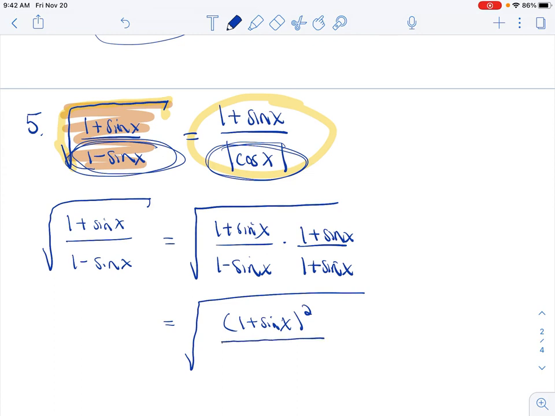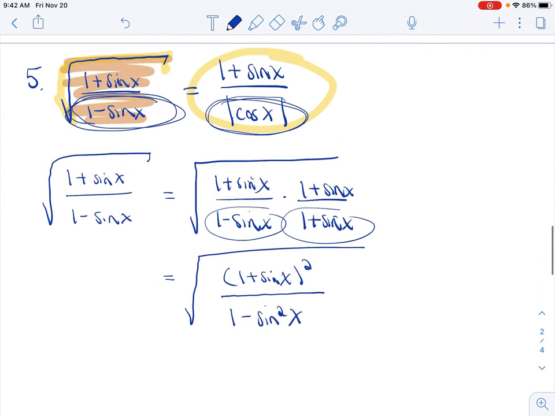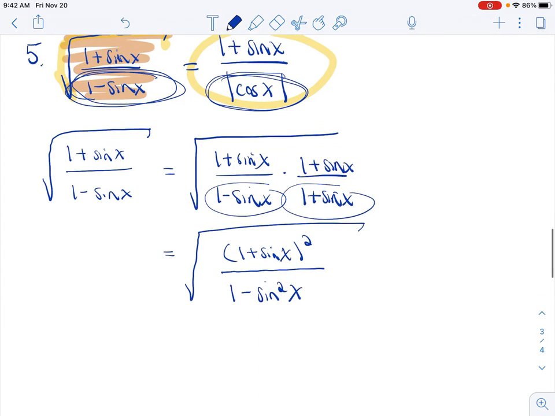If I do FOIL the bottom, because that's not a perfect square, so I can't leave it like that numerator, I get 1 minus sine squared. And hopefully it's getting a little bit better for you. I recognize that that bottom is equivalent to cosine squared.